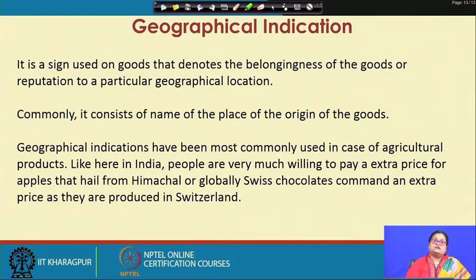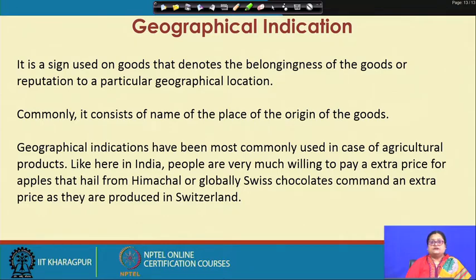A geographical indication is a sign used on goods that denotes the belongingness of the goods or their reputation to a particular geographical location. So, it commonly consists of the place of origin of the goods. It is most commonly used in the case of agricultural products.